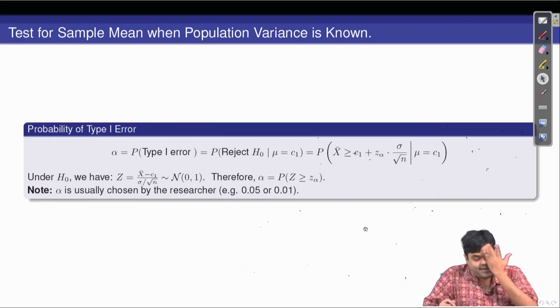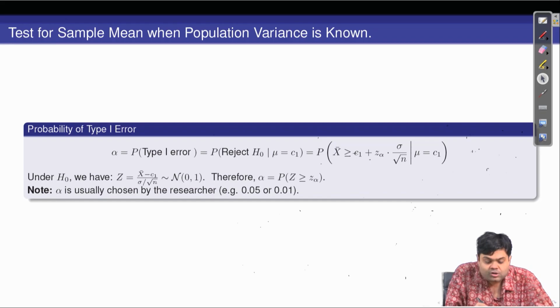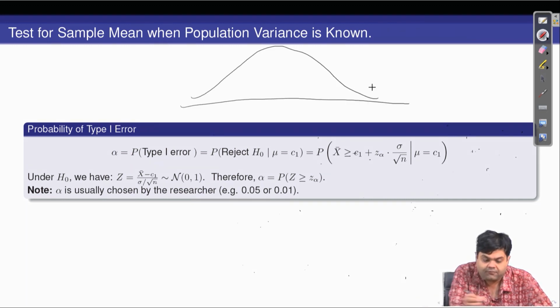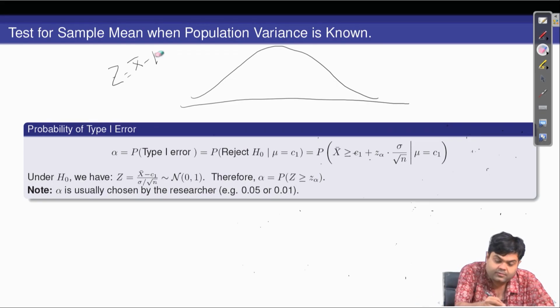To get the probability of type 1 error, you reject H0 when actually H0 is correct. Now you work with the standard normal curve, and your test statistic Z is x bar minus C1 divided by sigma over square root n.